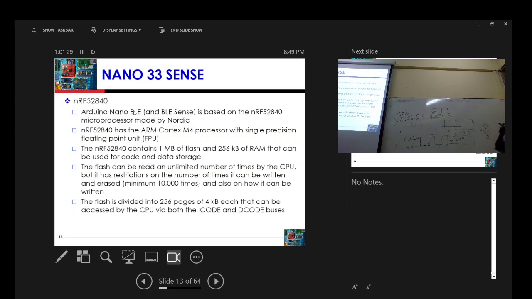So how do you perform addition using floating point numbers? Hurry up, hurry up.